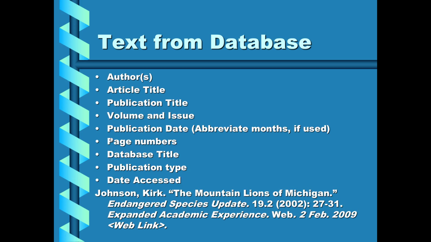Doesn't really matter as long as each of the letters PDF are capitalized. And then after that, you would give the date that you accessed that particular item through the database.